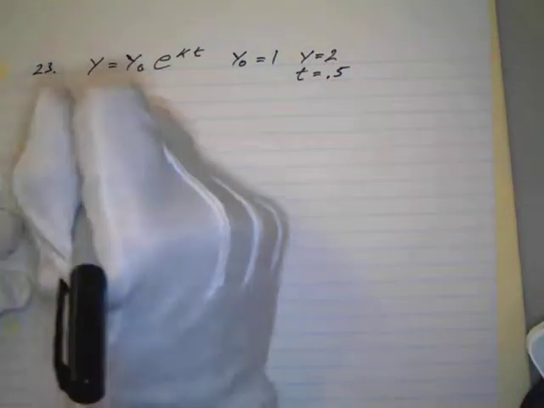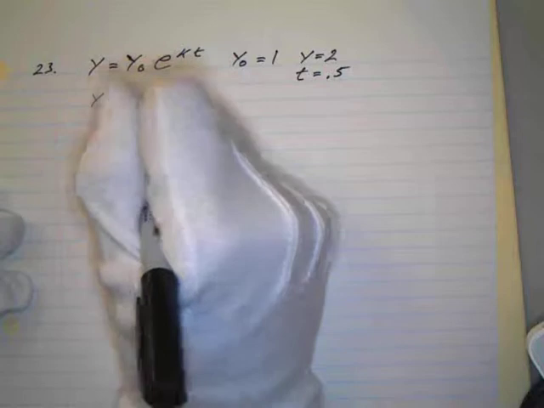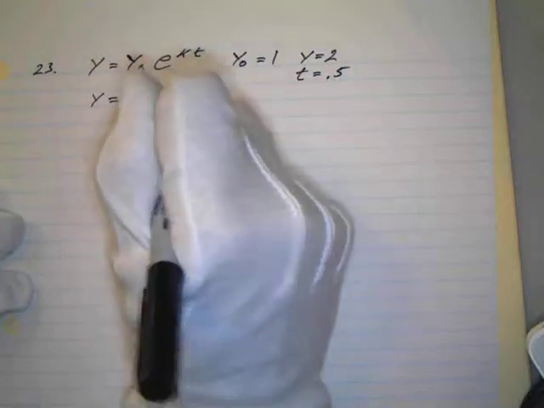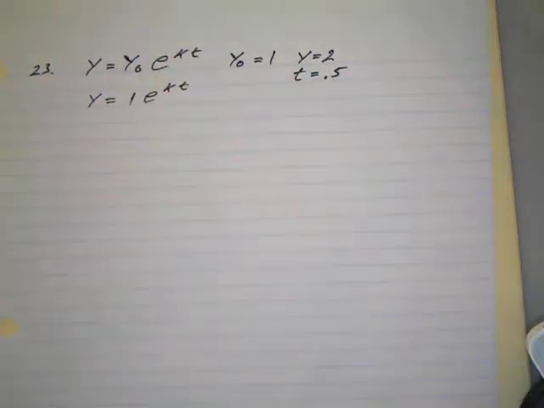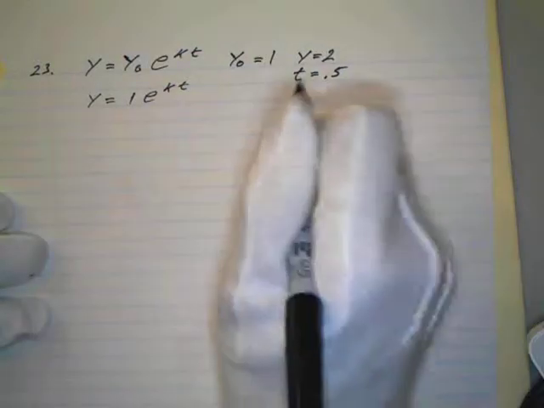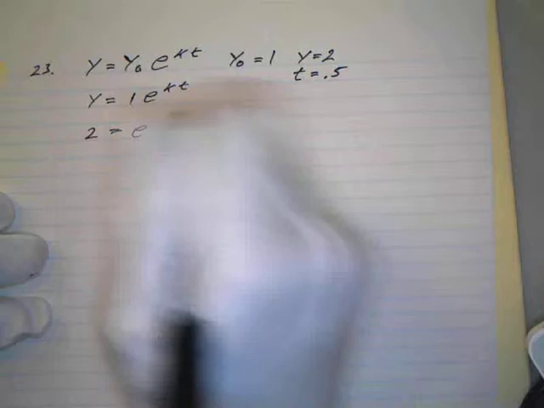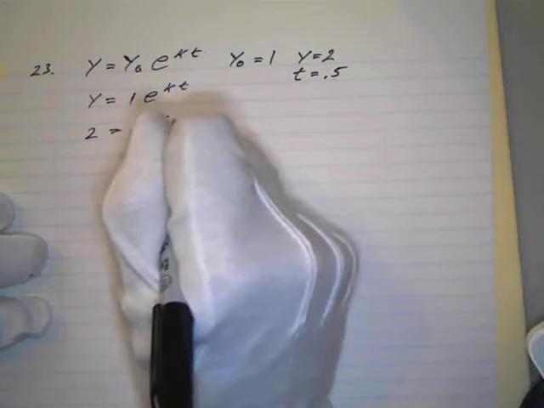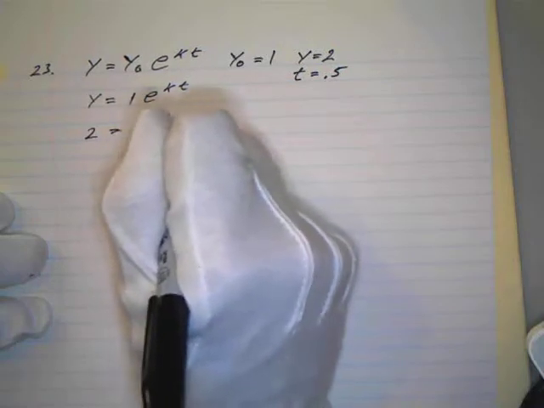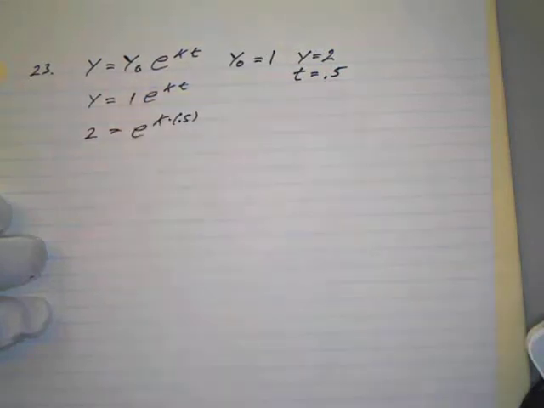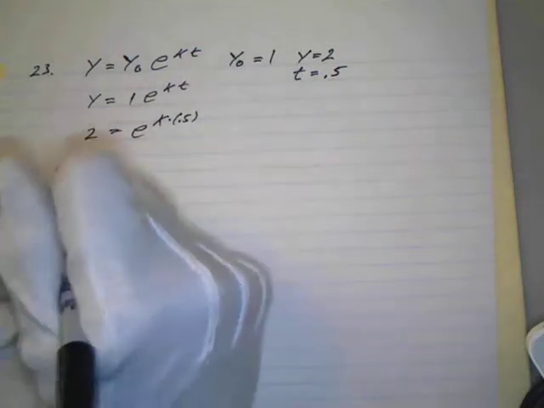All right, so we know that y equals, and y sub 0 is 1, so just 1 times e to the kt. Then I'm going to find out what my k is, and that'd be easy, because I know that y is 2, so 2 equals e to the k times 0.5. I just take the natural log of both sides.